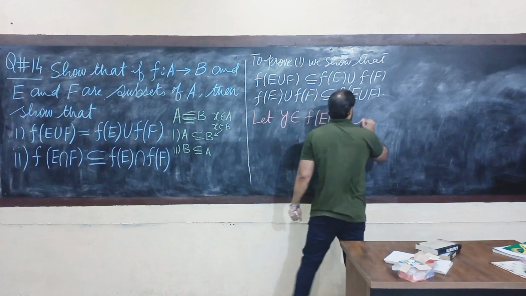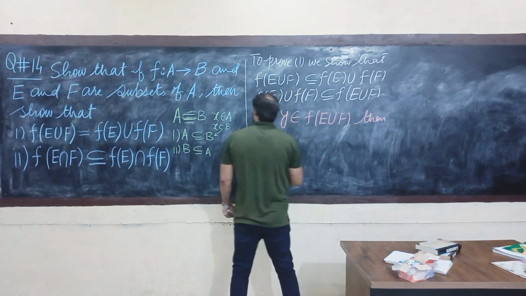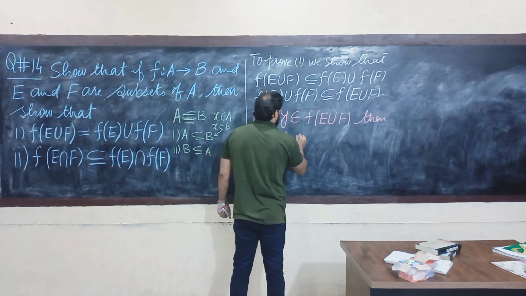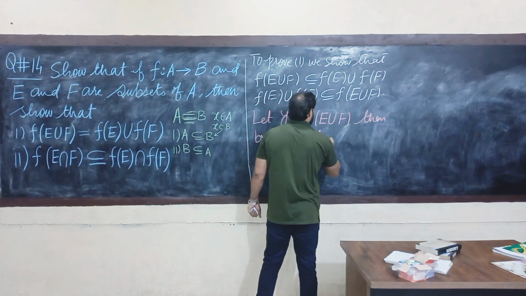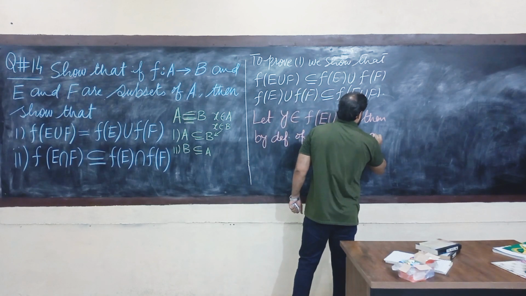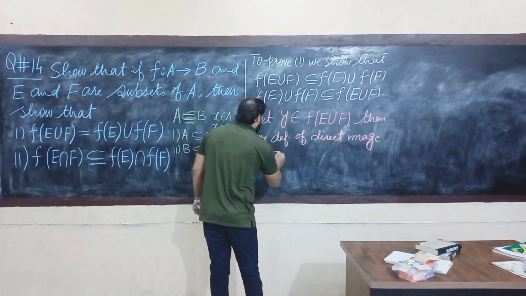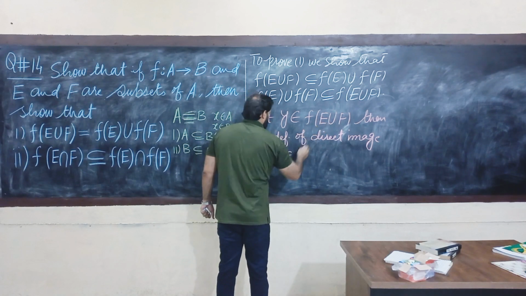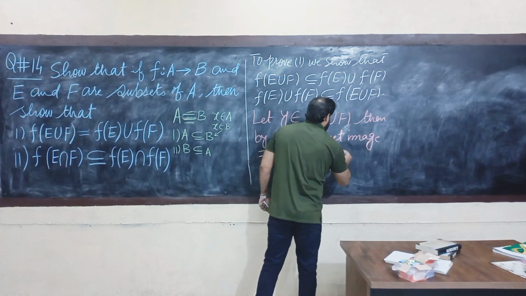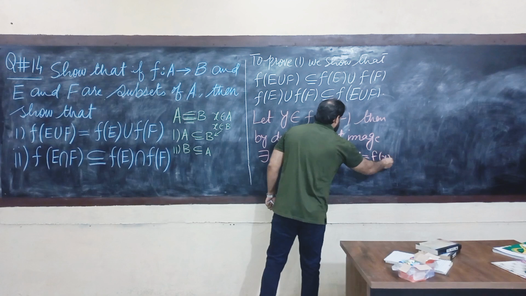Then by definition of direct image, there exists an element x belonging to the set E union F such that y is equal to f of x.